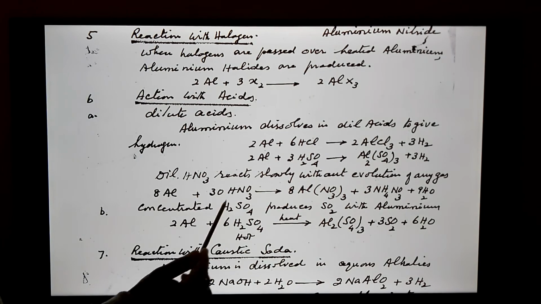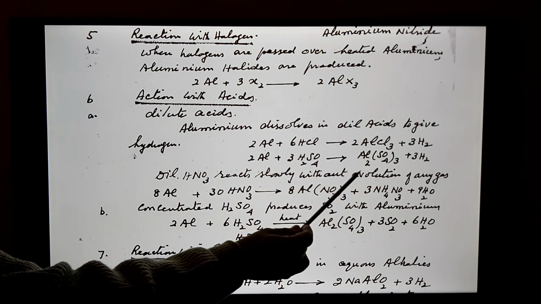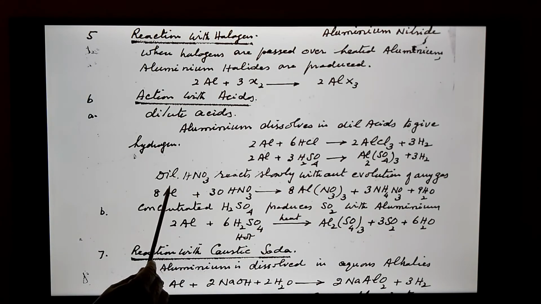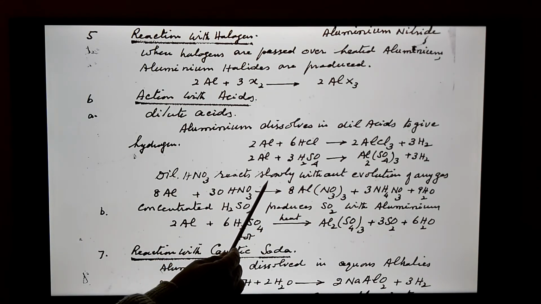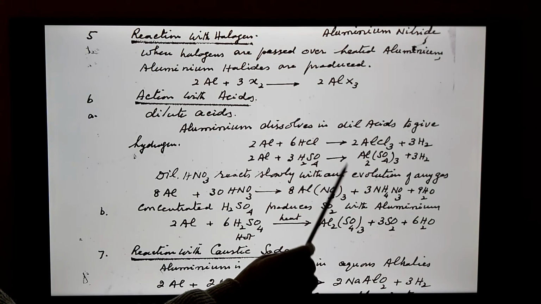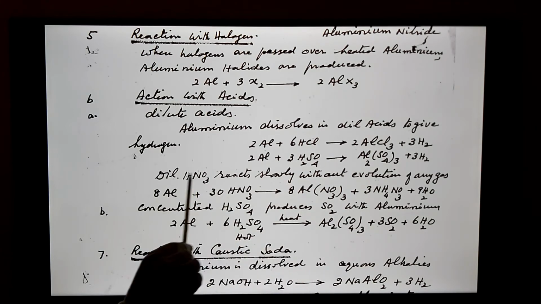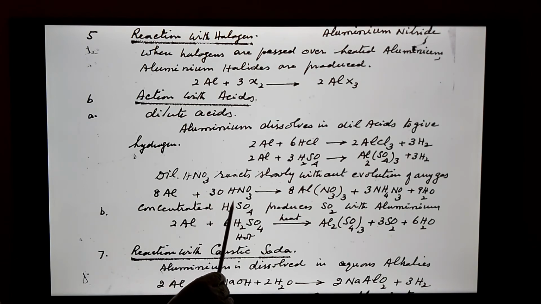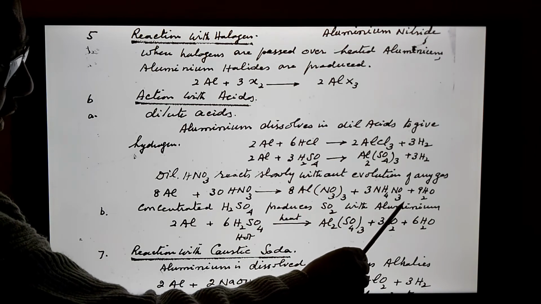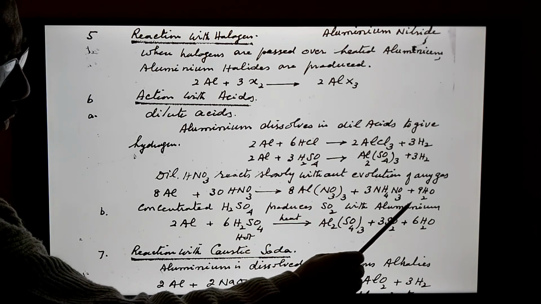Likewise, aluminium reacts with sulfuric acid, producing aluminium sulfate and hydrogen. Dilute nitric acid reacts slowly without evolution of any gas. So, no evolution of hydrogen. Unlike the other acids, it produces ammonium nitrate. So, the equation is 8Al + 30HNO3 giving 8Al(NO3)3 and 3NH4NO3, which others are not producing, and 9 water molecules.